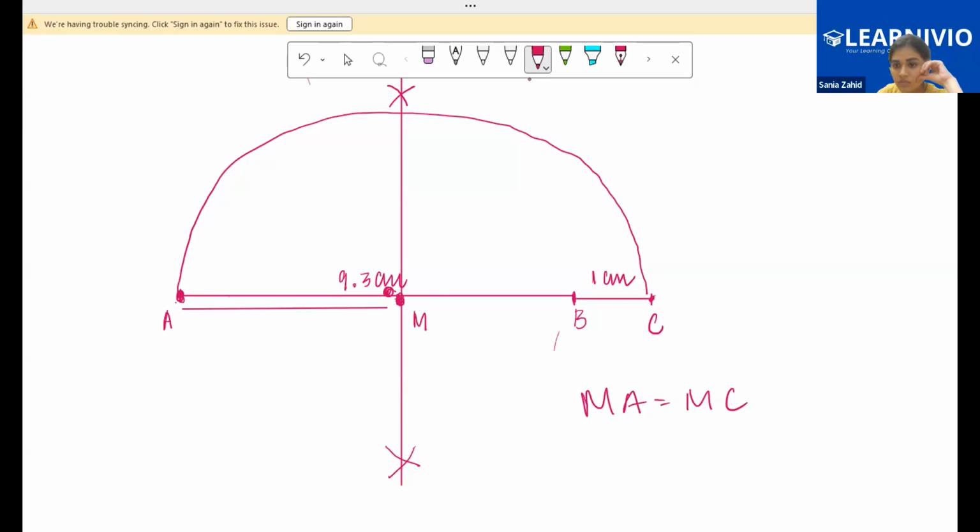See, you keep your needle at point M, radius up till A, and just keep the needle at M only, and now join A to C. Draw this line. Got it? Yes, ma'am.